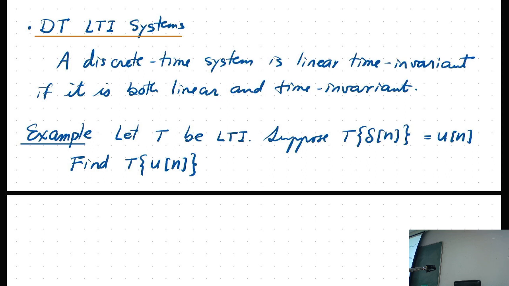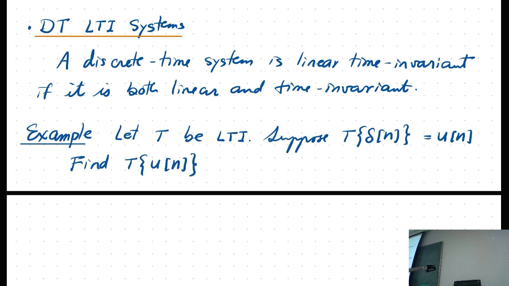The first condition is that the output of a linear combination of the inputs would be the same linear combination of the outputs. The second, T being time invariant, means that it doesn't matter when we apply the input, the output would still be the same. Okay, so that is the first sentence.